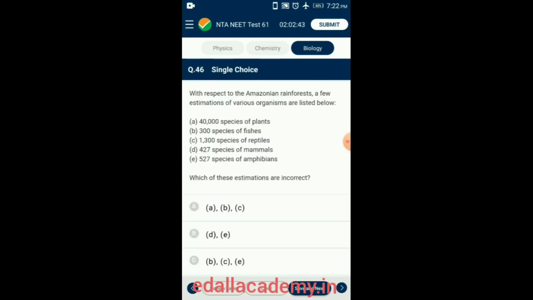Question number 46. With respect to the Amazonian rainforest, a few estimations of various organisms are listed below. Which of these estimations are incorrect? Here 5 estimations are given. The largely tropical Amazonian rainforest in South America has the greatest biodiversity on earth.